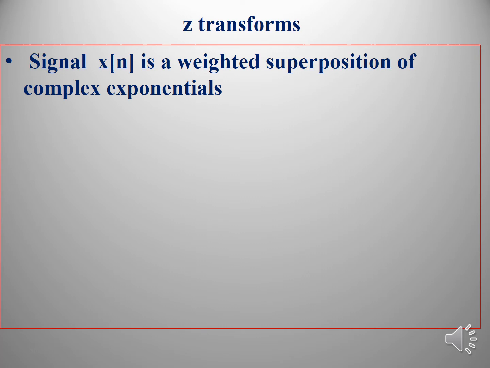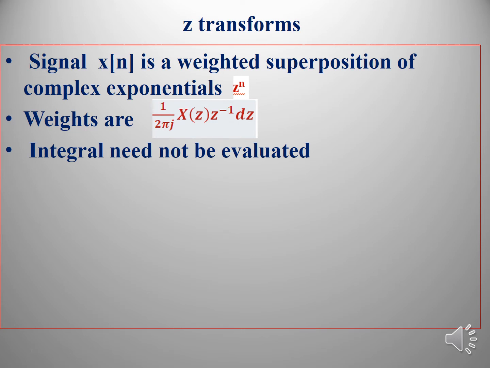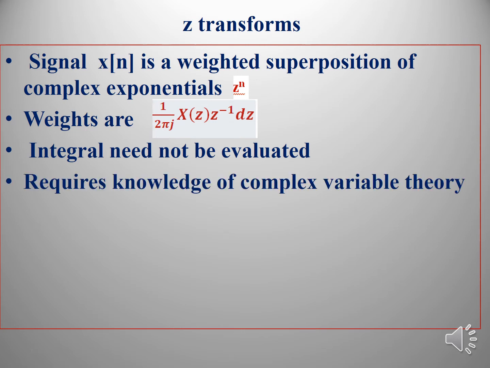Thus, the signal x of n is a weighted superposition of complex exponentials given by z power n. The weights are given by 1 by 2 pi j X of z z power n minus 1 dz. Such an integral need not be evaluated. It requires knowledge of complex variable theory, which makes it more complicated.